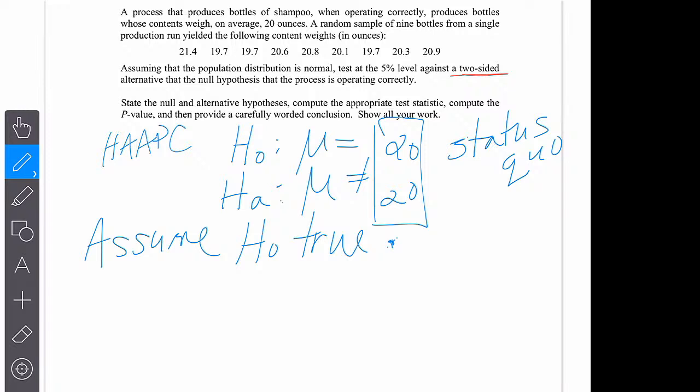So H not true means mu equals mu naught. These are mu 0, okay? Is equal to 20. But I have no other information. I just have the information here.